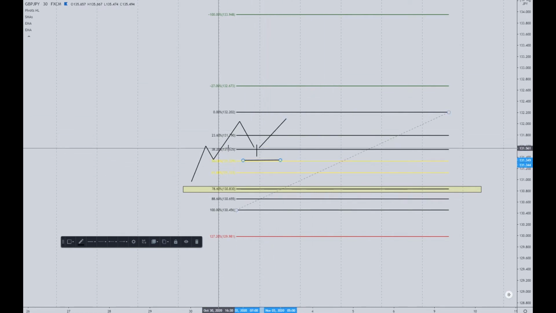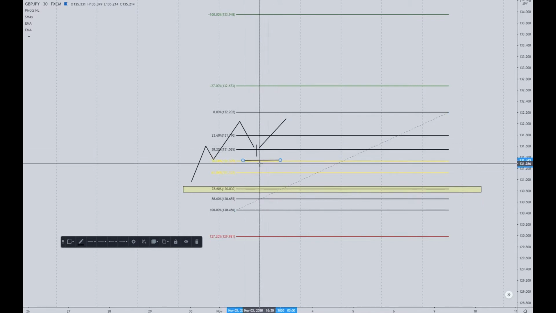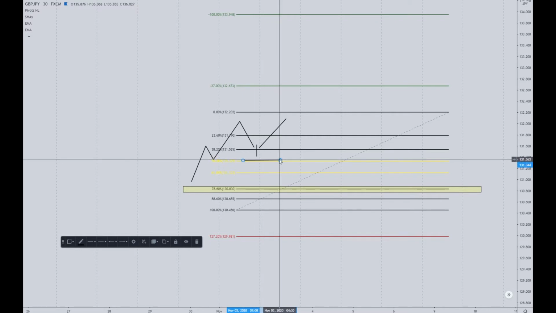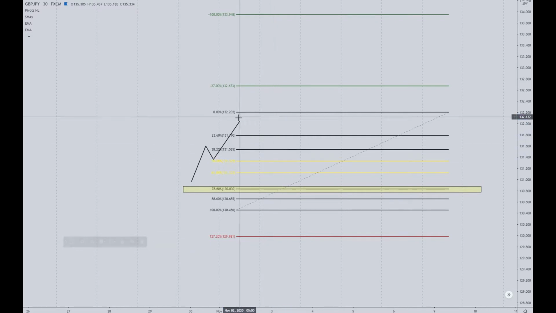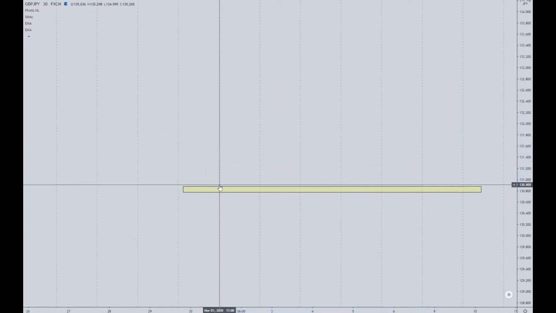So if I'm taking an entry here at 38.2, I'll usually have maybe the 50% level as my stop, maybe just above. The 78.6 again I just have as a backup stop there.